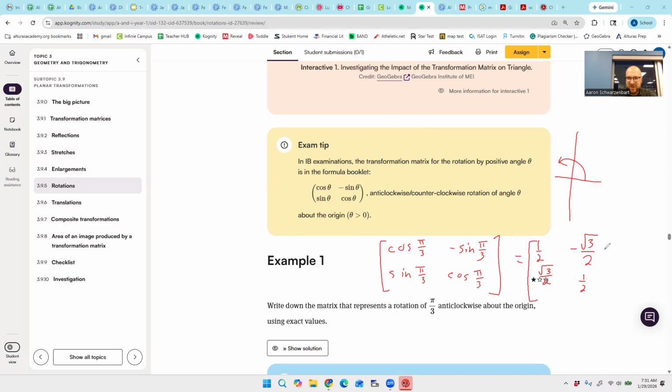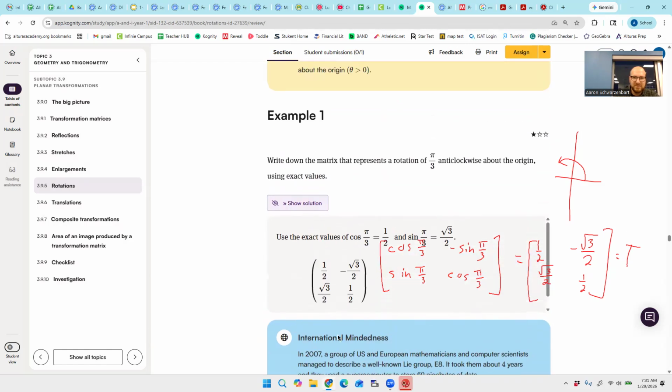And so my transformation matrix T is that. When you're putting it into a calculator, it doesn't really matter that much, but it's sometimes nice to just get rid of the sines and cosines. It's a little quicker.